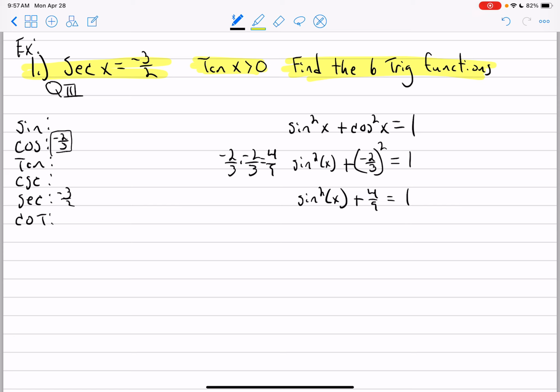And now I'm going to solve this for sine, so I'm going to go minus 4/9 minus 4/9. Those cancel. So sine squared x equals 1 minus 4/9. 1 is 9/9. That's the same as 1 minus 4/9 equals, what's that? 5/9.